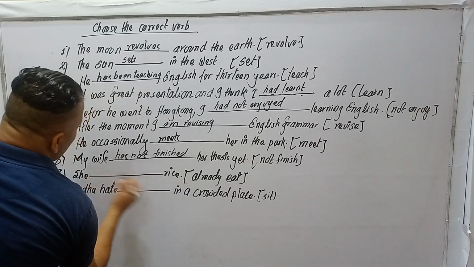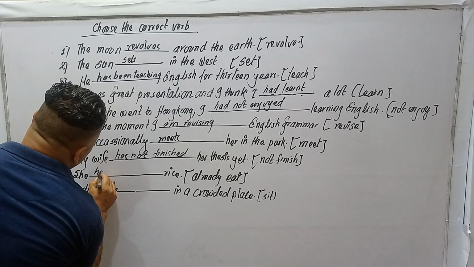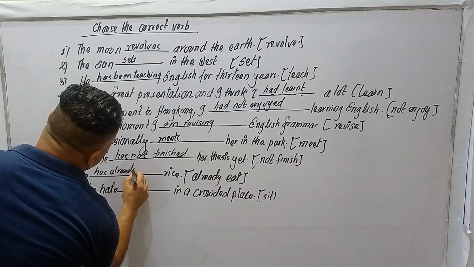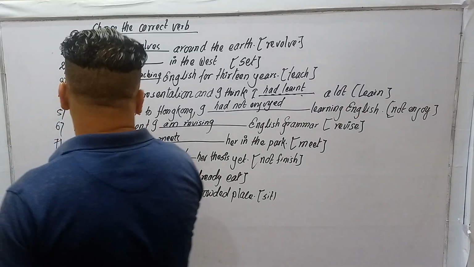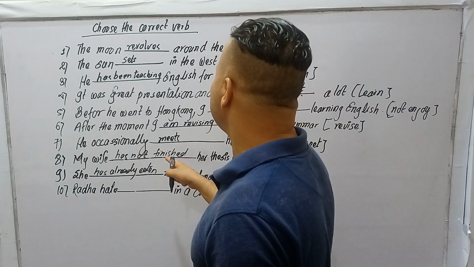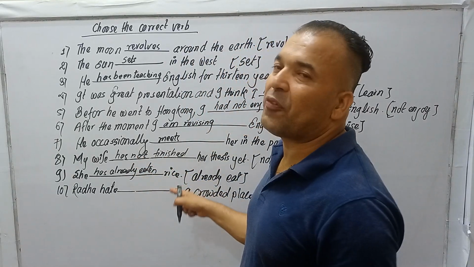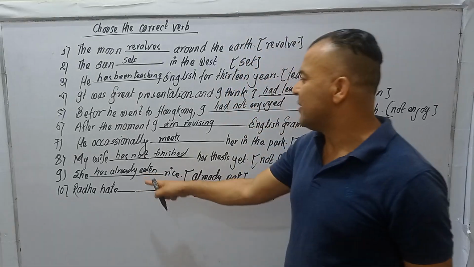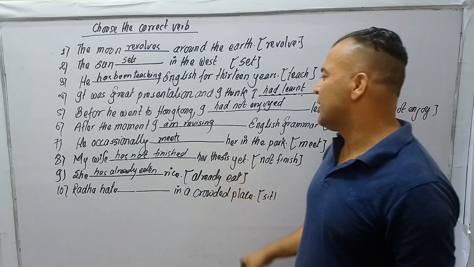Already always contains the present perfect tense. She has already eaten: has plus already plus third form of verb, eaten. Understand? She has already eaten rice.